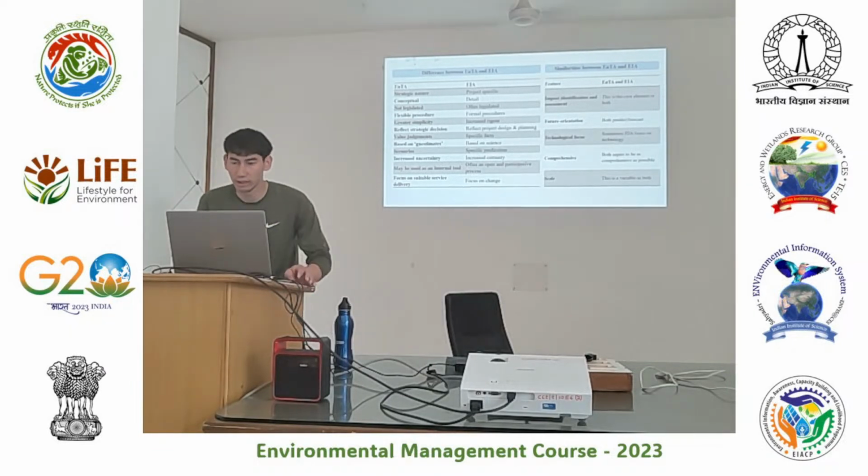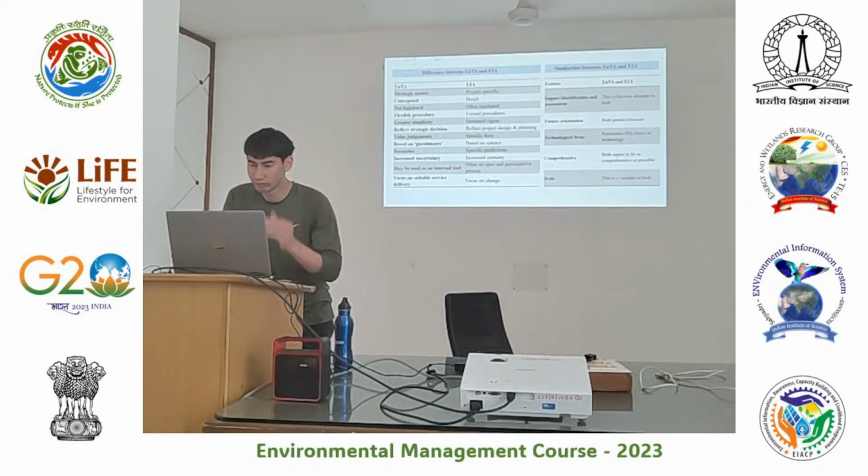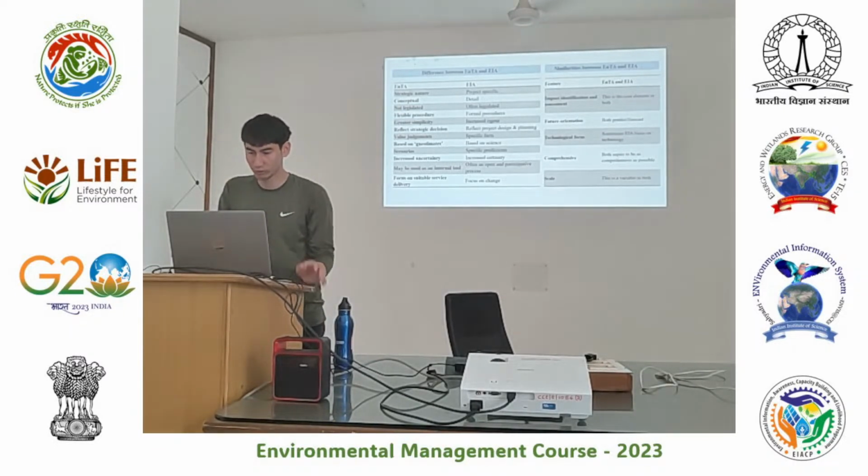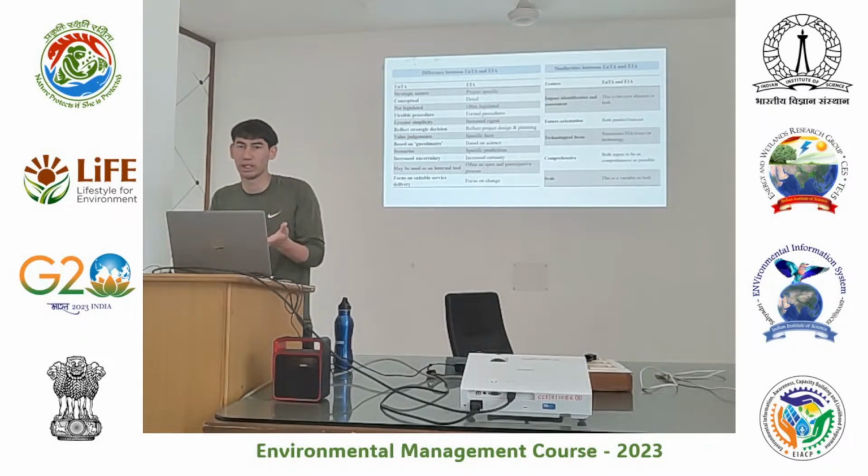Thank you, sir. And we move on to the similarities between ENTA and EIA. The similar features are fact identification and assessment, the core element in both ENTA and EIA, and future orientation, as both predict or forecast. EIA predicts what will happen in the future, and ENTA looks at the future outcome if we use a particular technology.